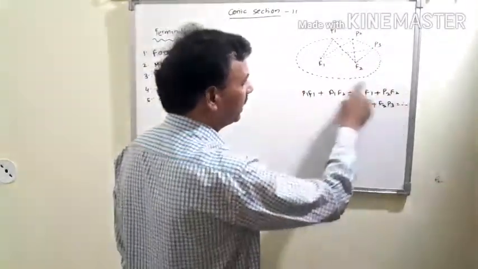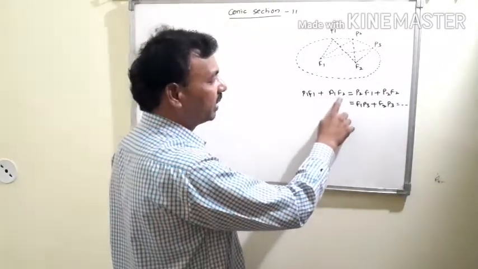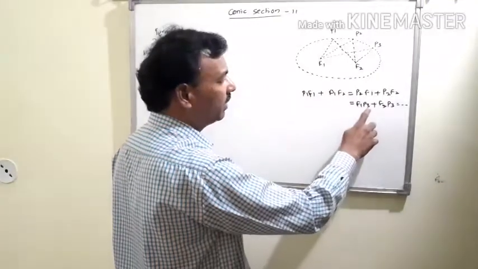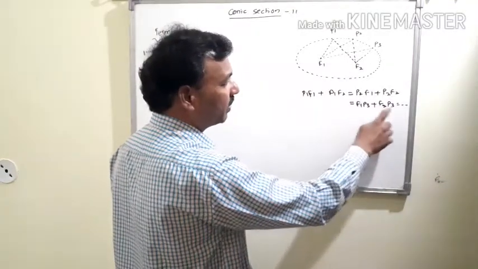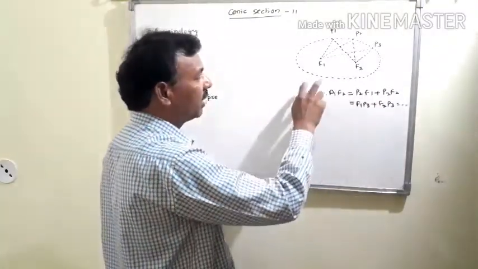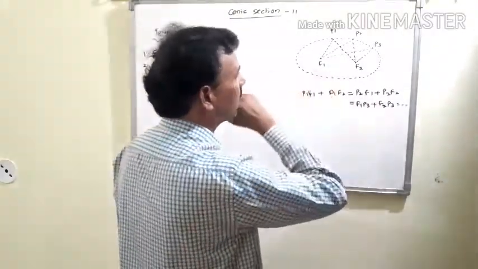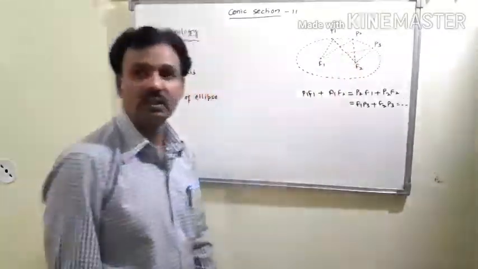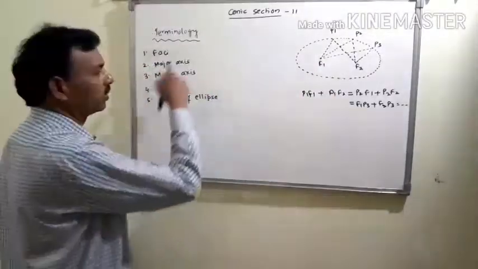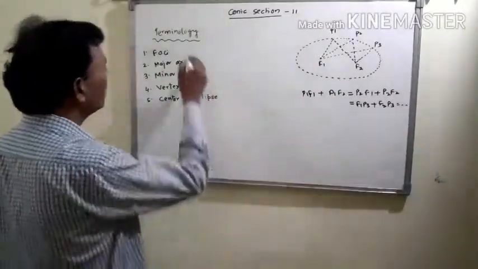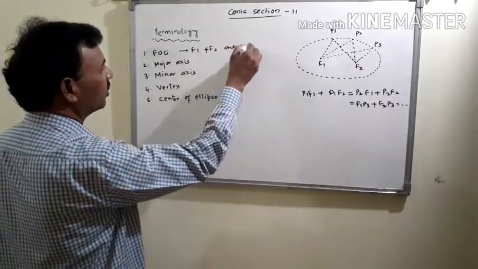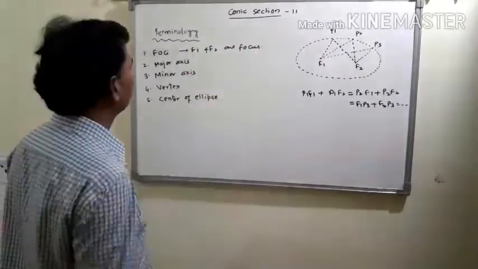That means P1F1 plus P1F2 equals P2F1 plus P2F2, equals P3F1 plus P3F2. The sum of distances between a point and its foci is always constant, and these fixed points are known as foci or focus. That means F1 and F2 are the foci of this ellipse.